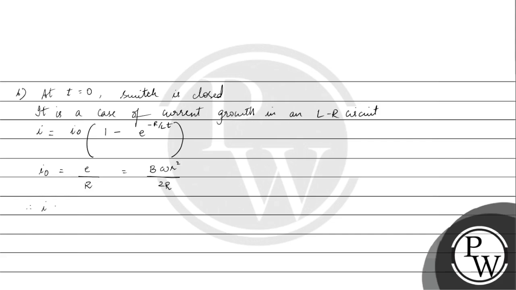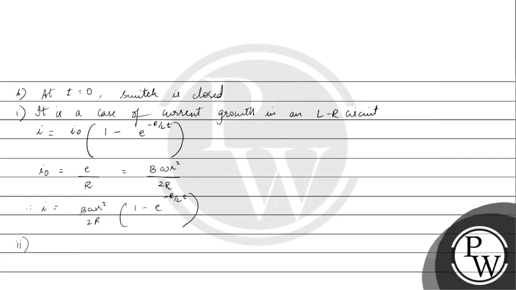So therefore I is equal to B omega r squared by 2R into 1 minus e to the power minus R by L into t. तो ये था फर्स्ट पार्ट ऑफ क्वेश्चन बी.